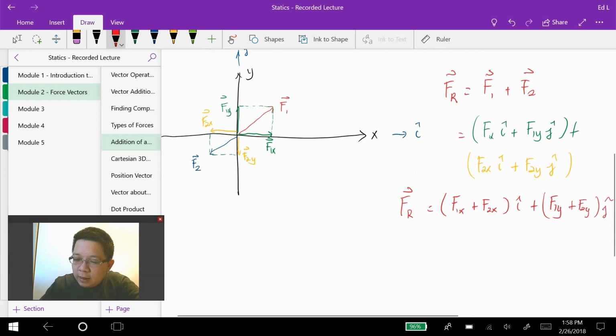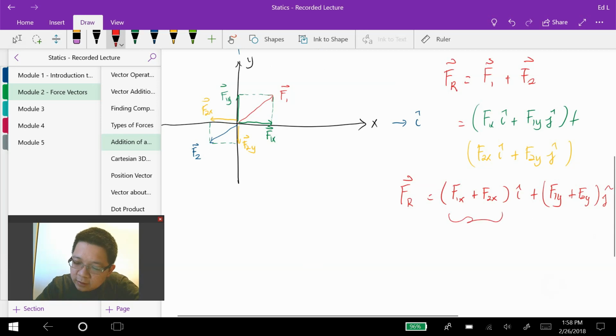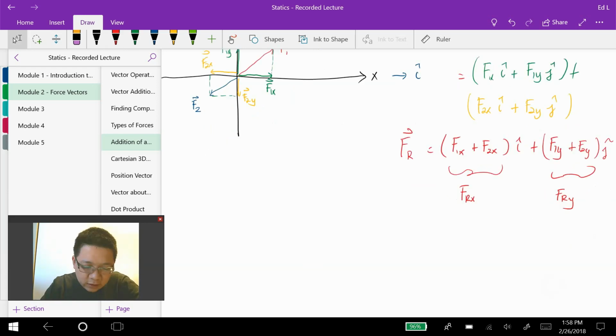If I call this Frx and this Fry, we can write a general expression. Frx is the sum of the forces in the x direction, and Fry is the sum of the forces in the y direction.